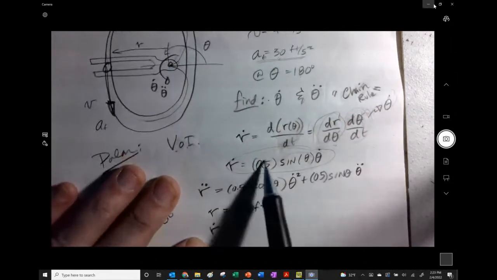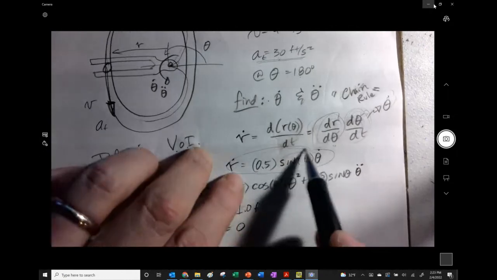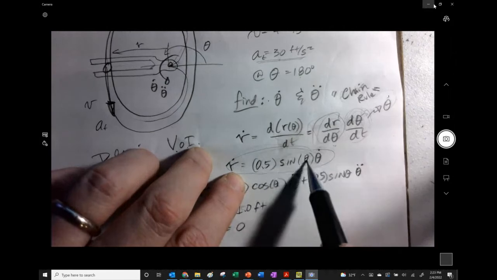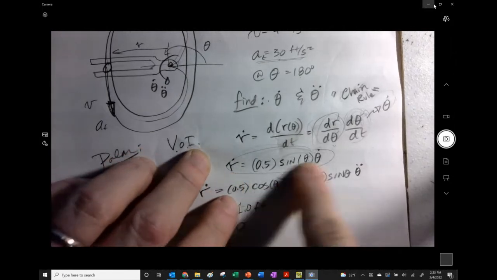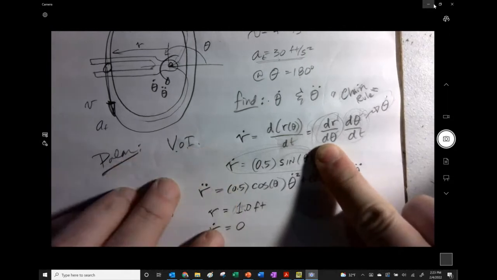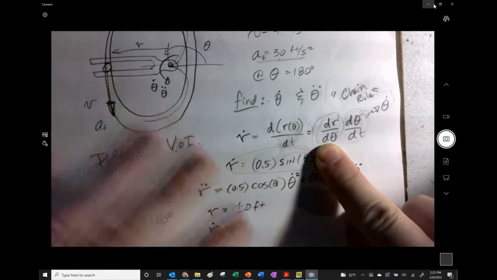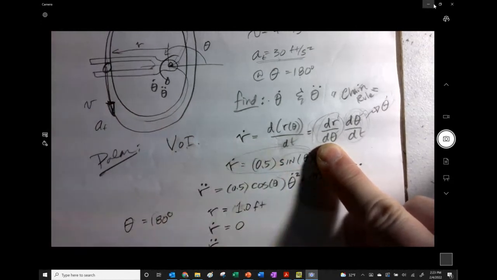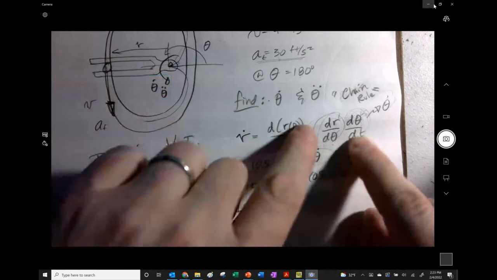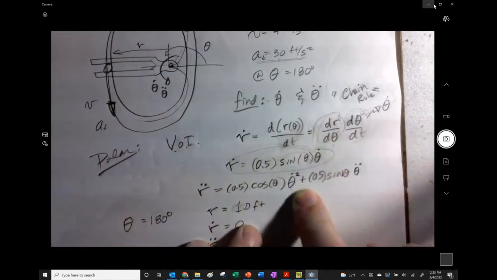Now when we go to do the second time, first we're going to do the product rule, taking the derivative of this part. This is also just a function of theta. So when we take the derivative of just that part, sure, we get cosine of theta, but that's just taking the derivative with respect to theta. We also need to do that thing again where we had d theta dt. So it needed another theta dot.